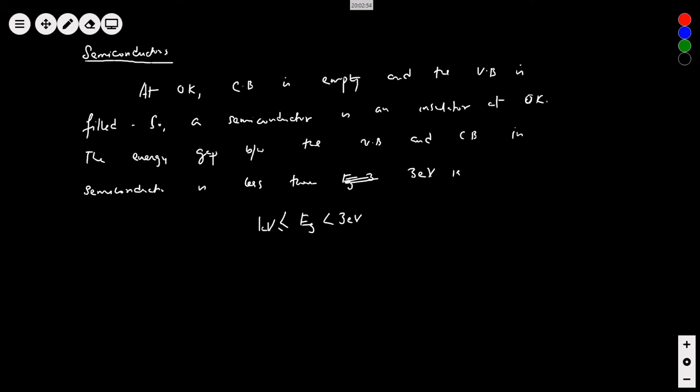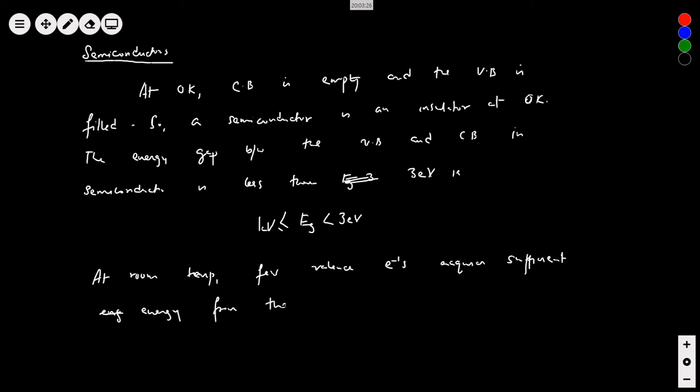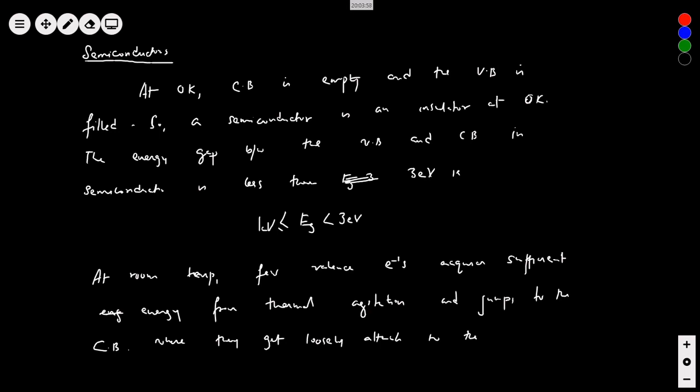So at room temperature, that means 20-25 degrees centigrade, a few valence electrons acquire sufficient energy from thermal agitation and jump to the conduction band, where they get loosely attached to the atomic nucleus.